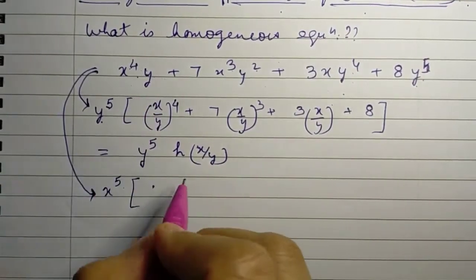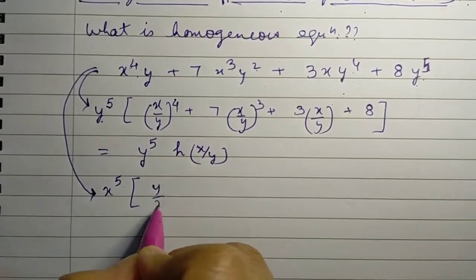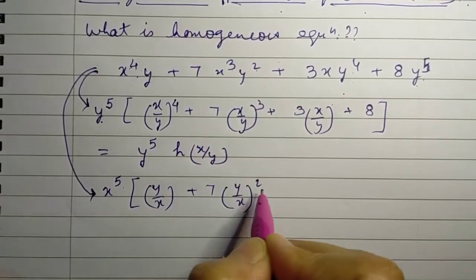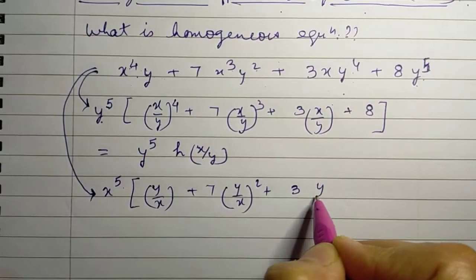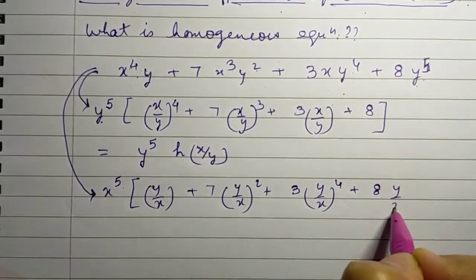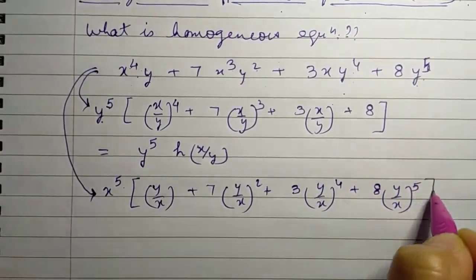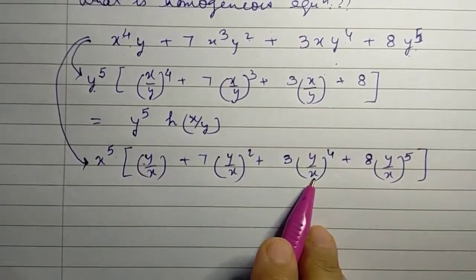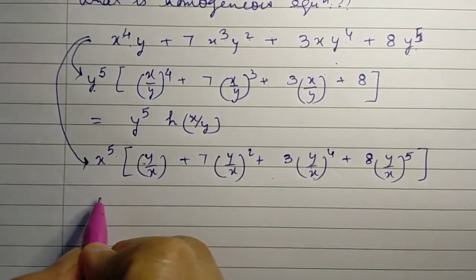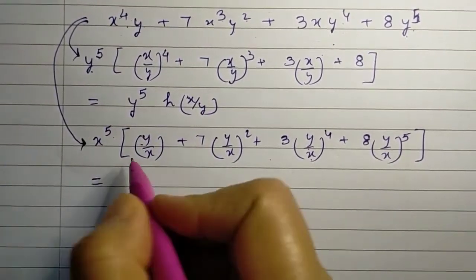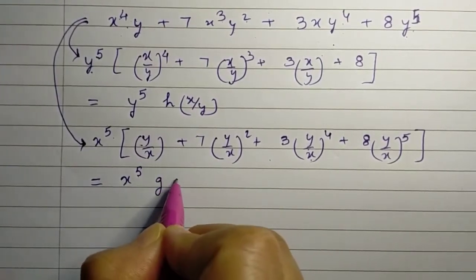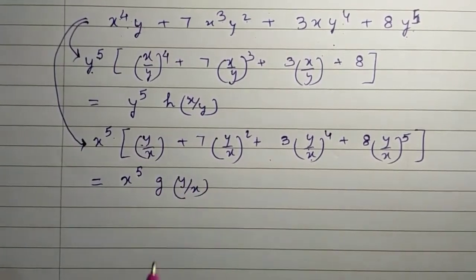I get y by x plus 7 y by x whole square plus 3 y by x whole raised to power 4 plus 8 y by x whole raised to power 5. So it is some other function of y by x alone, and so I can write the same expression as x raised to power 5 times some function of y upon x.